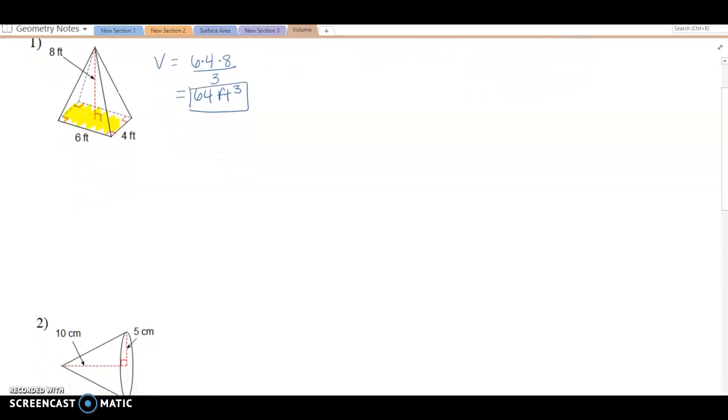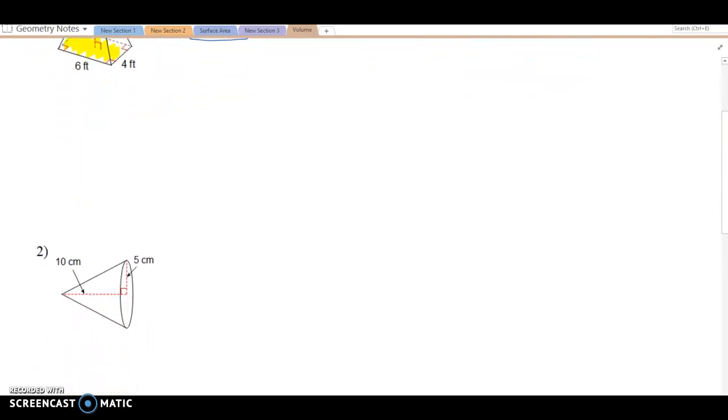Okay, the next example is a cone. Similar to the pyramid, volume is area of the base times height divided by 3. This time around, my base is this circle right here. And this is a cone lying on its side.